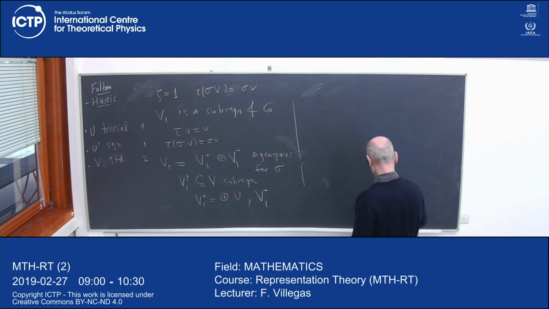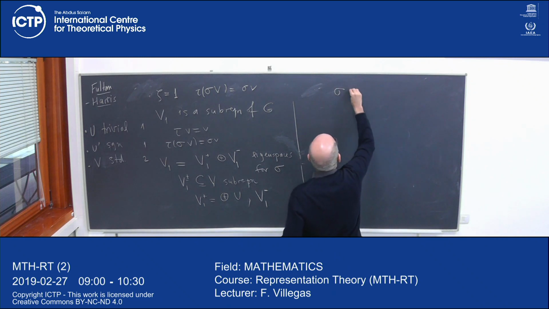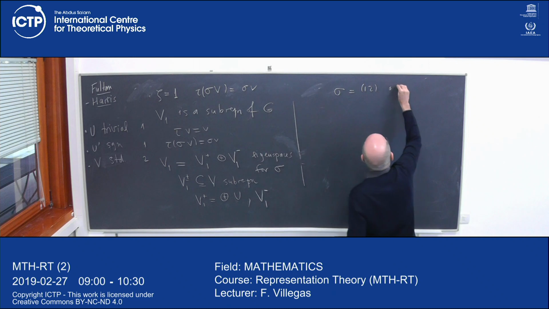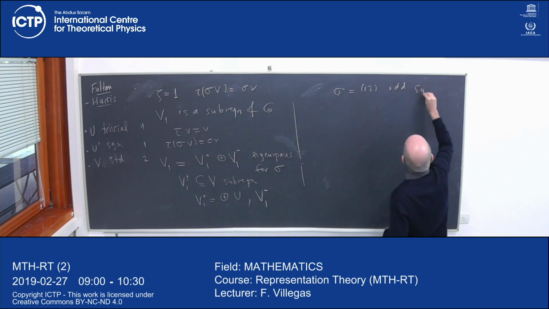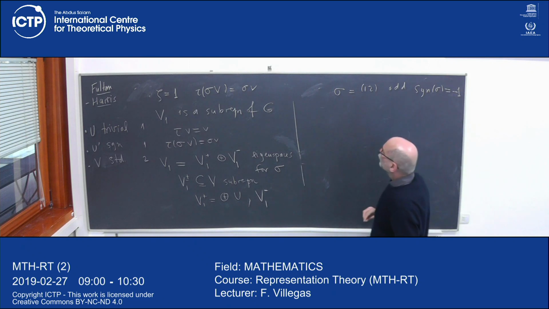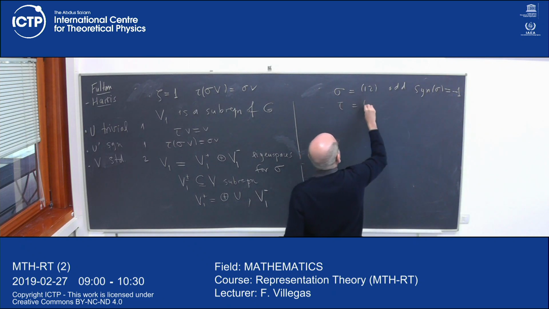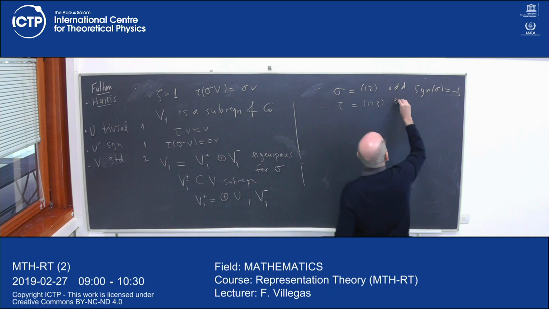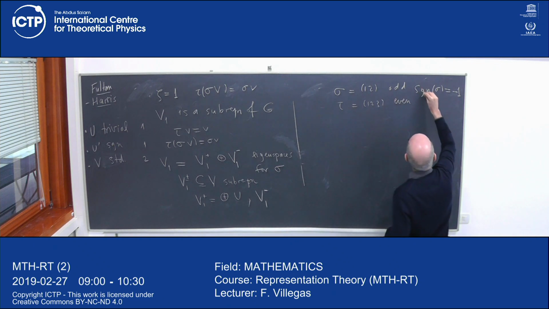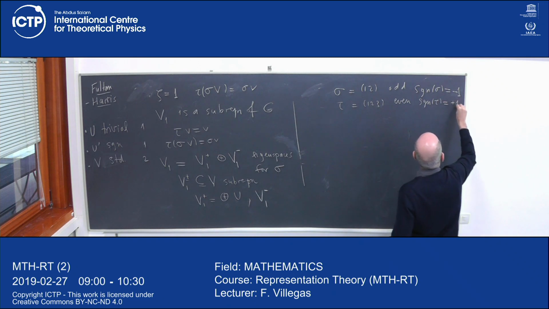So sigma is (1 2), it's odd, so the sign of sigma is equal to -1. And tau is (1 2 3), which is even, so the sign of tau is equal to +1.